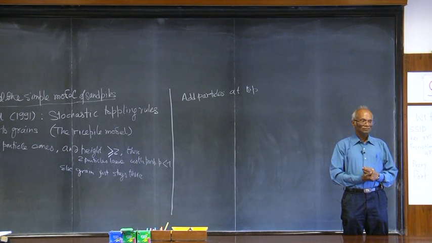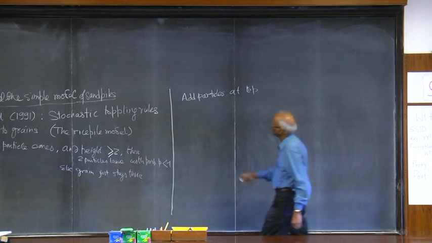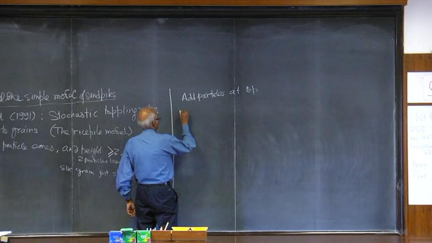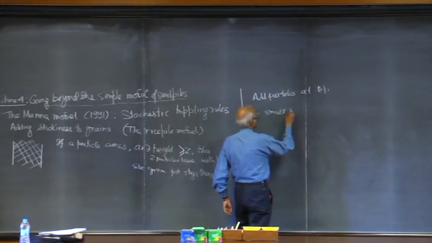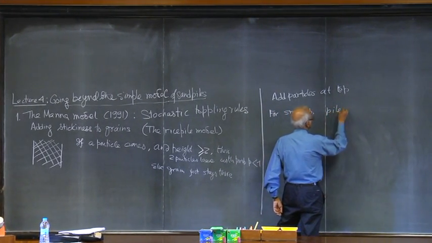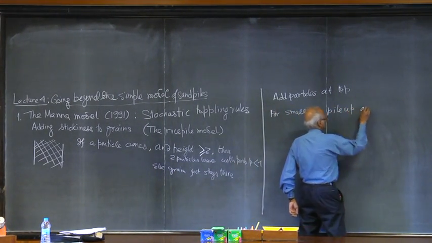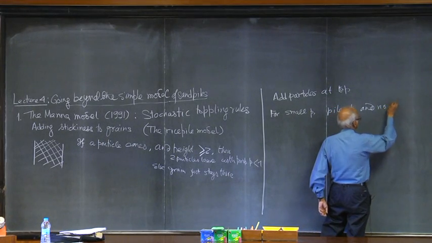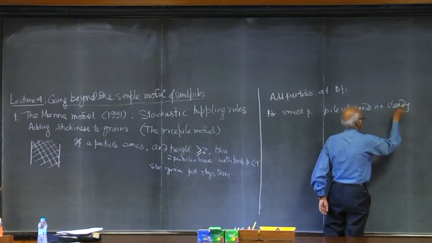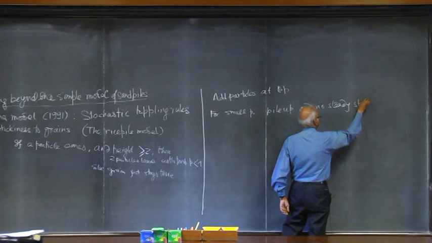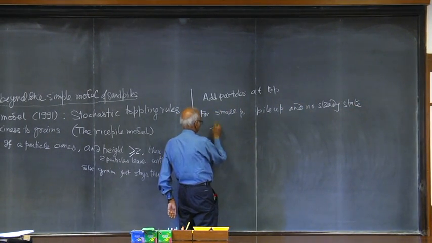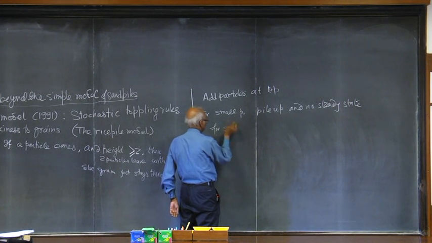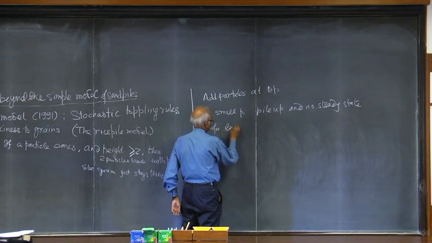So, it says that for small p, there is pile up and no steady state. For large p, I guess, certainly for p equal to 1, there is a steady state.